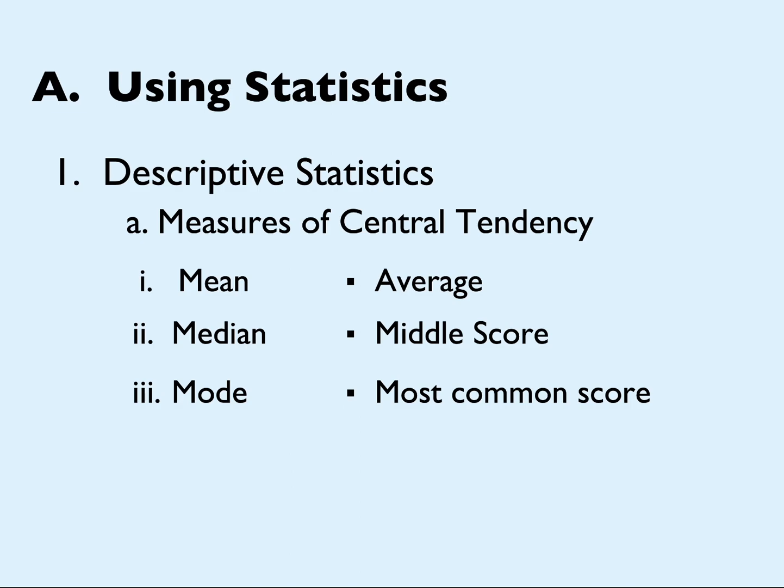But what if one of those classes ranged from a 60 all the way up to a 90, and a lot of things in between? And the other class, with an average of 85, only ranged from 80 to 90, and everyone scored within that narrow range?